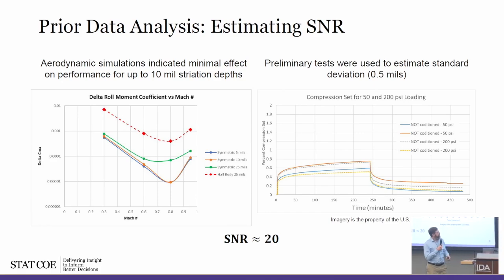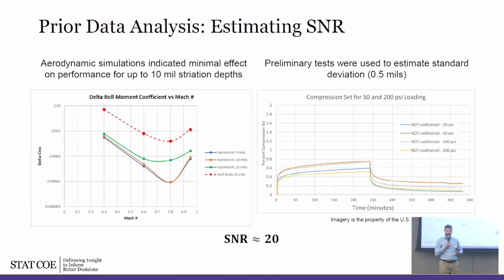They also were able to do some short-term tests in a couple of hours, and a couple of hours of measurements, and they found that the noise in the system seemed to kind of plateau within that time, and it was on the order of a half a mil, okay, or less than a thousandth of an inch. So the signal is what we need to detect.